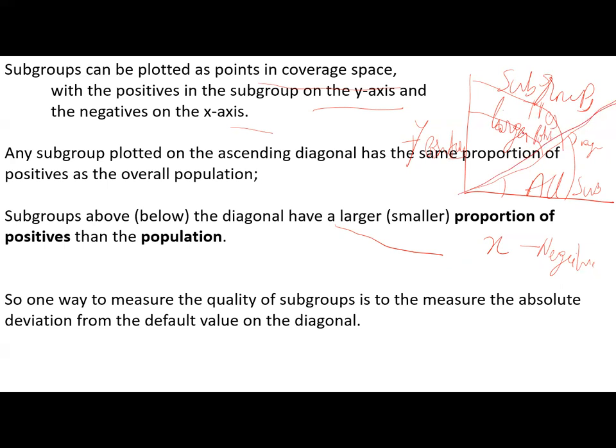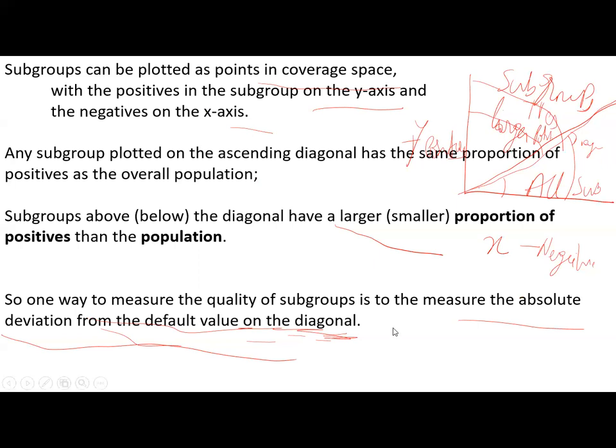Definitely. So one way to measure the quality of a subgroup is to measure the absolute deviation from the default value on the diagonal. So among impurity measures, we are now calculating the absolute deviation from the default value on the diagonal.